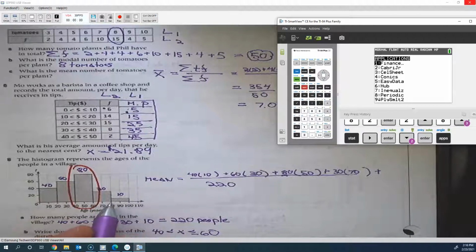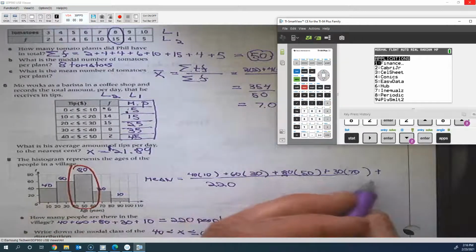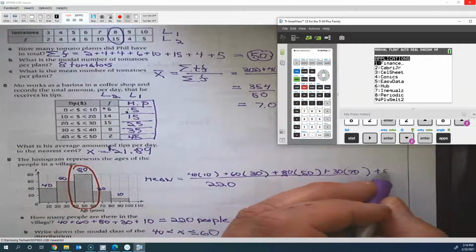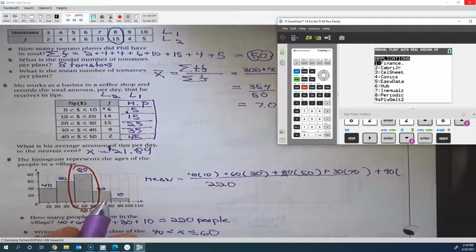And then between 80 and 100, I'm going to use 90. Let's see, 70, 90, yeah.